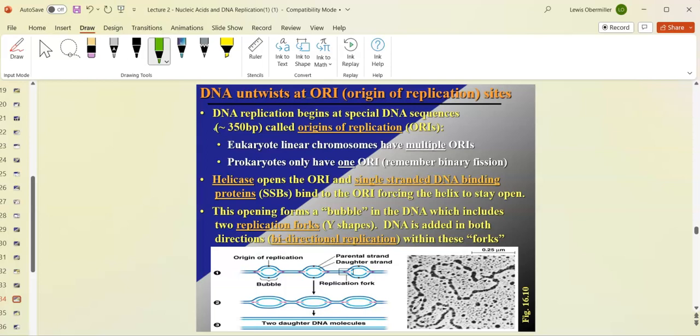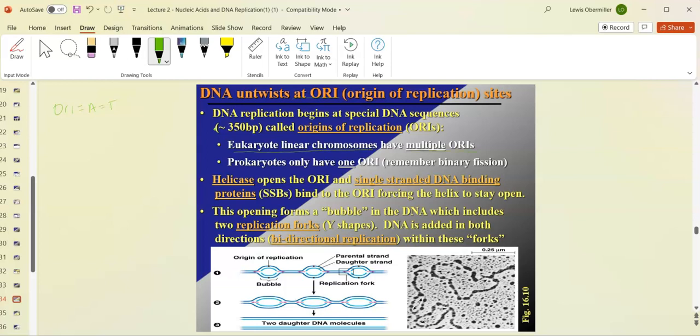So DNA untwisting happens at the origin of replication, like we talked about. Remember, the origin of replication is rich in AT, and we talked about why that is, because there's only 2 hydrogen bonds. Eukaryotic cells have linear chromosomes. We've already talked about that. So they have multiple origins of replication.